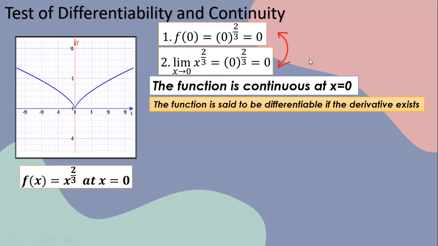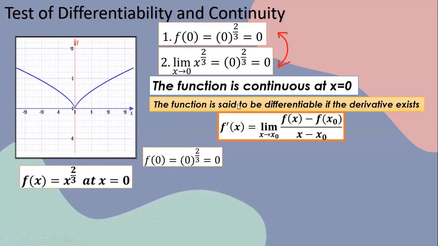So we have to evaluate the derivative of this function. Again, we will use the formula f prime of x is equal to the limit of f of x minus f of x sub 0 over x minus x sub 0 as x approaches x sub 0.